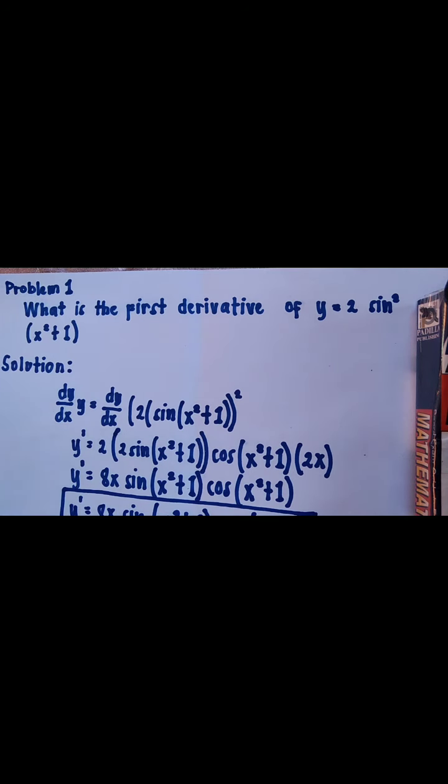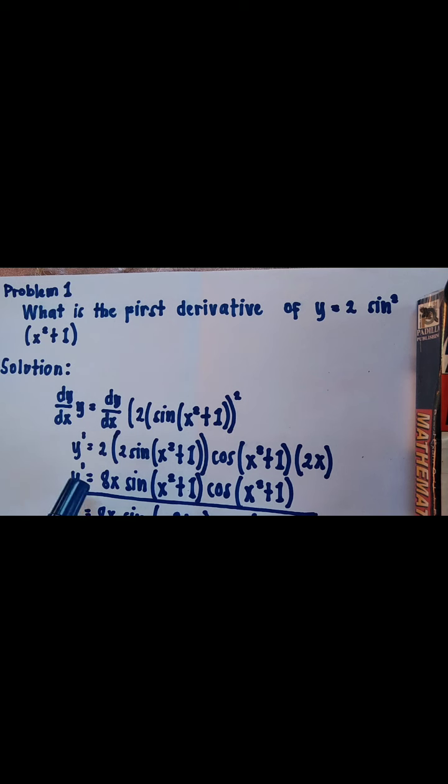So the derivative of y becomes y prime equals the derivative of this value, which is 2 times sine of (x squared plus 1) times cosine of (x squared plus 1) times 2x.